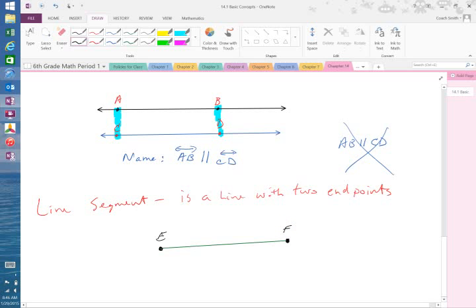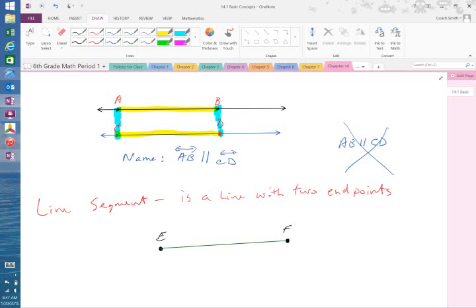It doesn't have the arrows. But understand that realistically, that's a line segment right there, and that's a line segment right there, because a point is considered an endpoint.